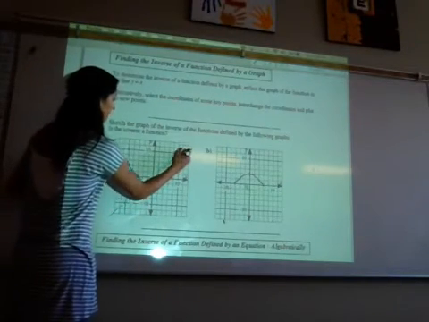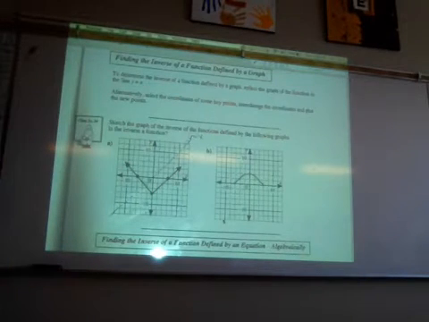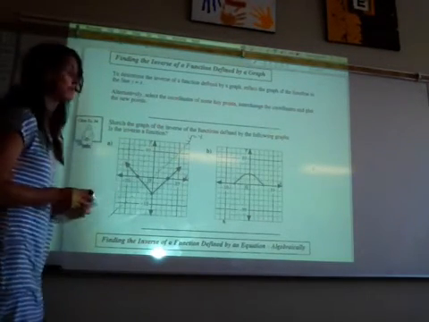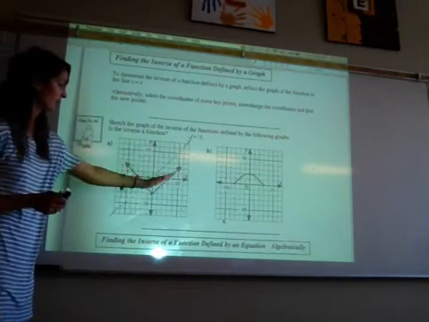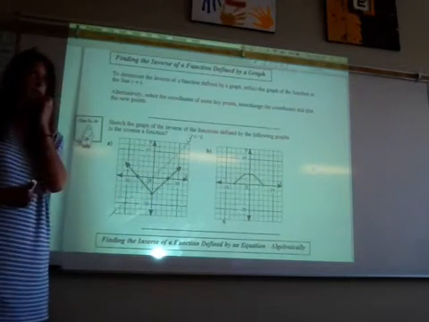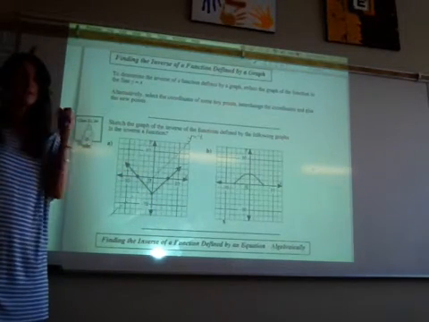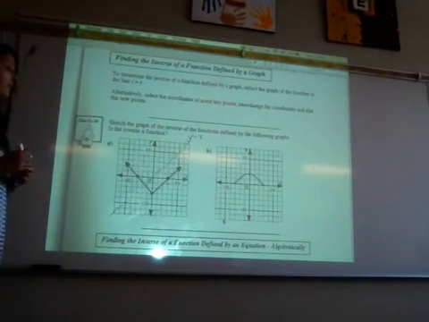It's going to be my mirror line. And you guys get to be the driver here. There's two different ways that you can draw an inverse. If you're really talented with reflections, you could just figure out, okay, this is going to be over here, and that's going to reflect down there. If you can see that, great, but there is an easier way, going back to the ordered pairs.